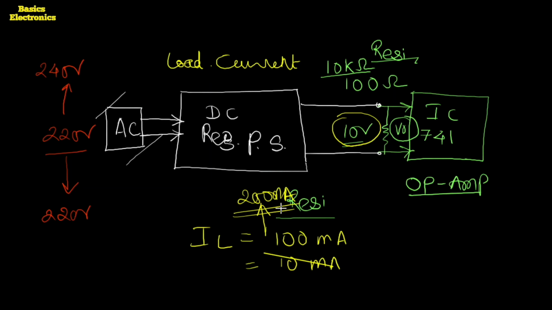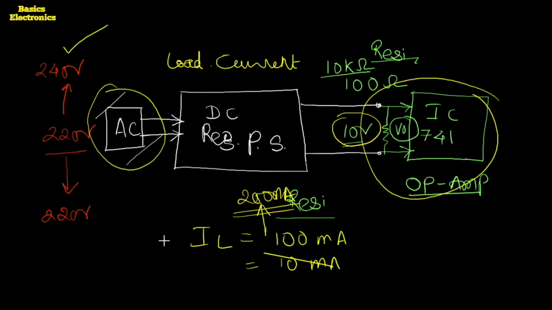So this power supply provides a stable output voltage even if the input AC supply changes, or even if the load current changes. That power supply is called a DC regulated power supply.